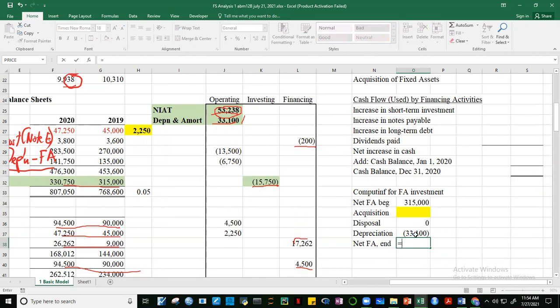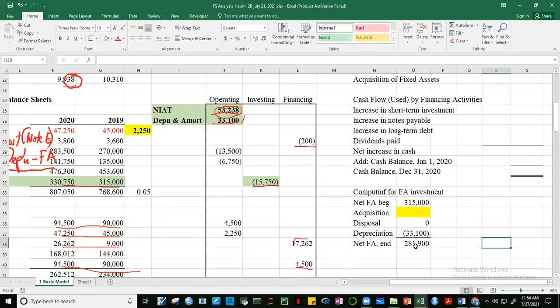So we just sum everything up. Pwede rin naman guys, i-positive na to, tapos ima-minus siya dito. So either way guys, that will be fine. Okay. So lumalabas dito guys, yung net fixed assets natin at the end is 281,900.